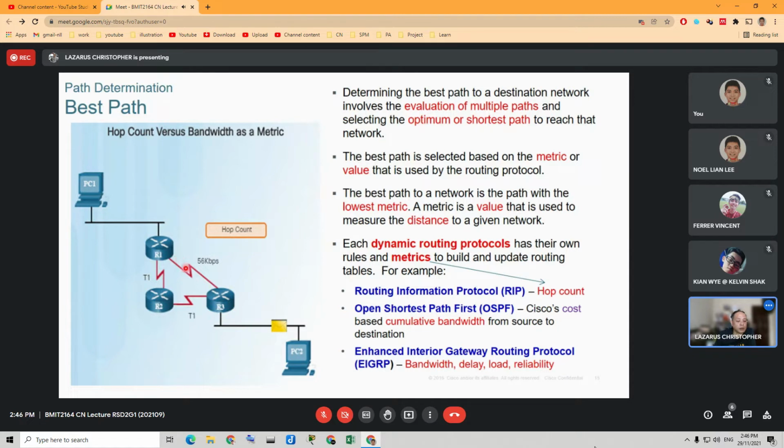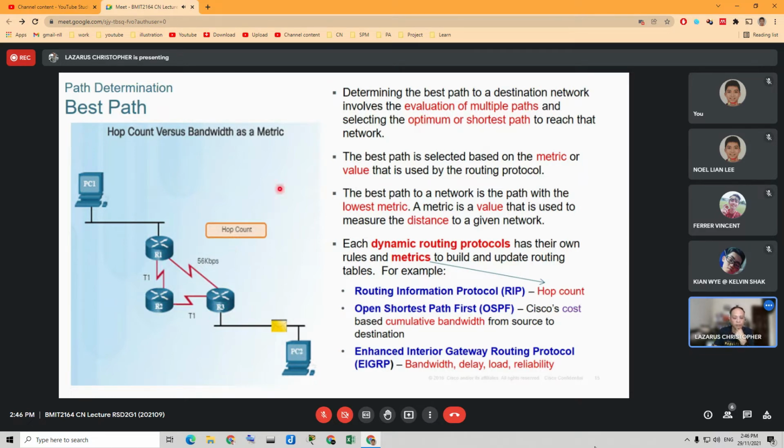But if we depend on the best path being the least amount of hops, one hop means there's one router in between. Two hops mean there are two routers. So based on hop count, the best path is the lowest hop count. So the lowest hop count is this one, right? So we say we base it on the metric.